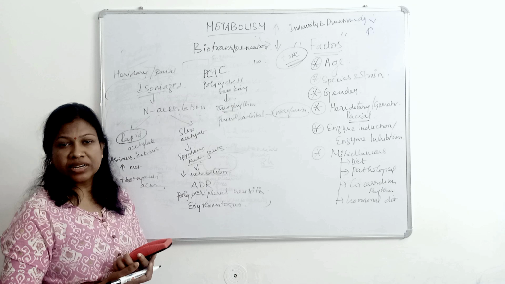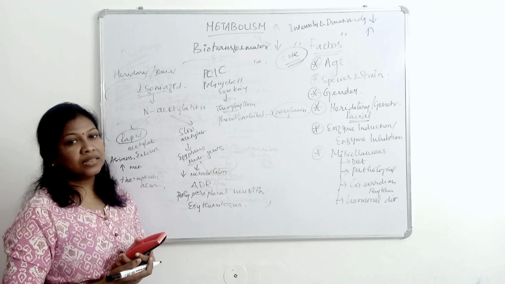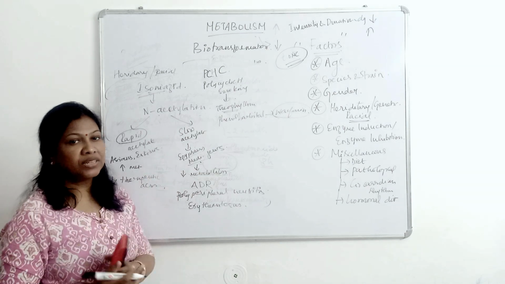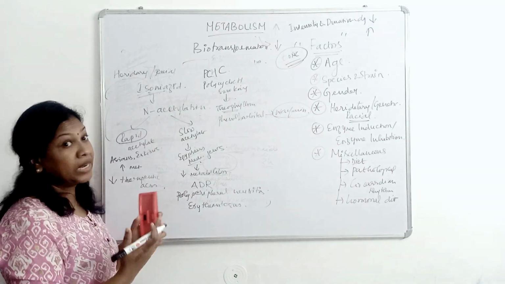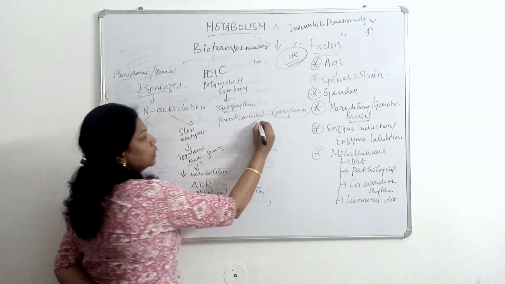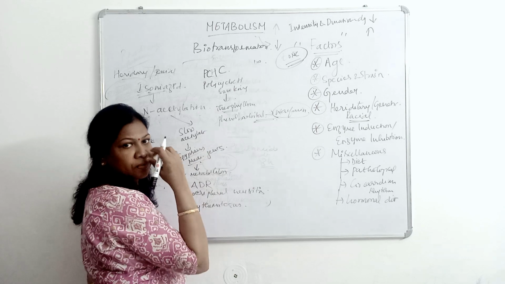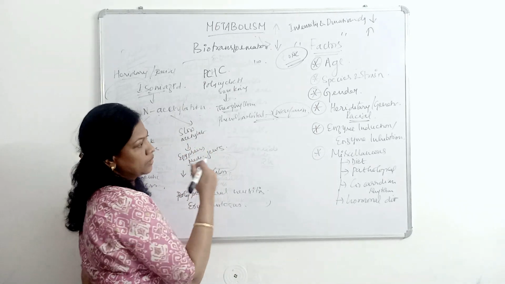Its active form will not be available for its therapeutic action and the anticoagulant activity will be reduced, so it may lead to bleeding in the body. So phenobarbital will affect the enzyme responsible for warfarin metabolism.